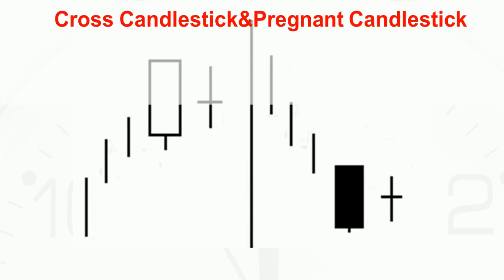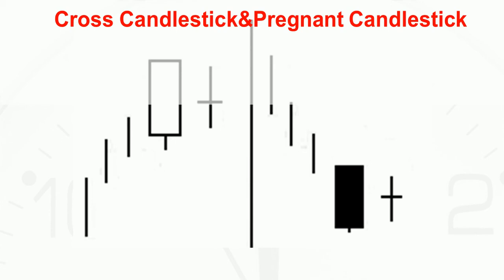What does that mean? The price will continue to go up. How about this one? If you see this pregnant candlestick appear in the downtrend, what does that mean? The price will continue to go down. Okay? It is not a reversal signal. It's not a reversal candlestick.